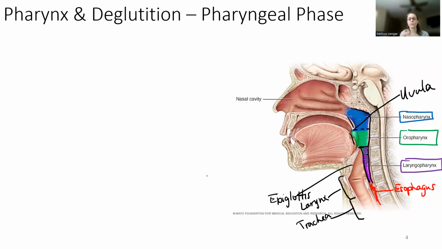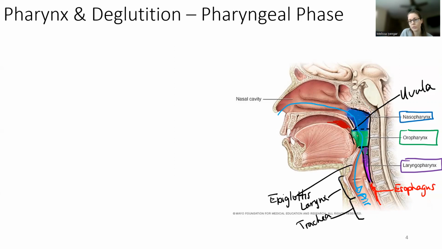So let's look at the pharyngeal phase of deglutition, because the whole point of the pharynx is that I can move air and I can move food. Air should come in through the nasal cavity, go through the nasopharynx, the oropharynx, the laryngopharynx, and go towards the trachea. Food has to go from the oral cavity, where we had our bolus previously, right?